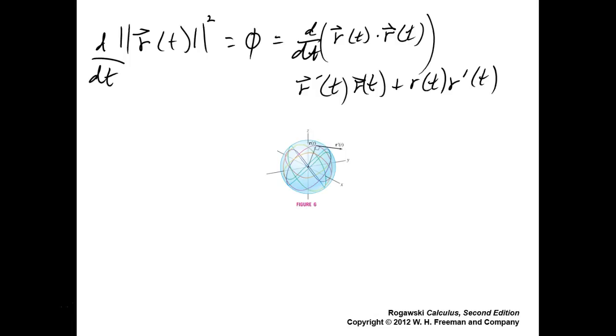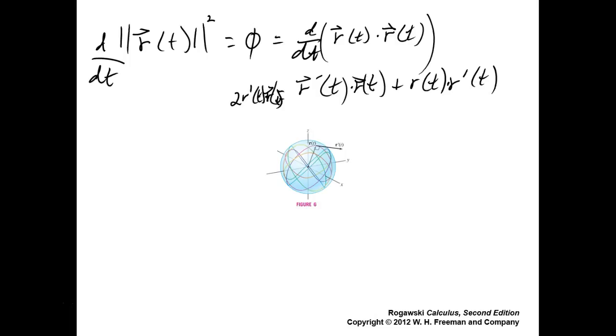Well, what is that? 2 times r prime of t dotted with r of t. And by the way, when I'm saying times, those are dot products also, because these are vectors. We were taking the derivative of a dot product and the results will be dot products. So it's not just times, it's dot product.